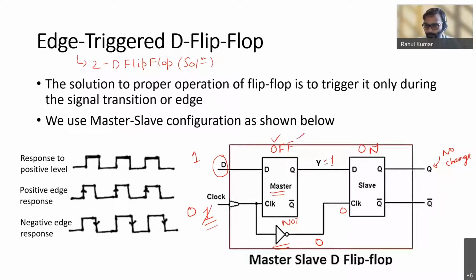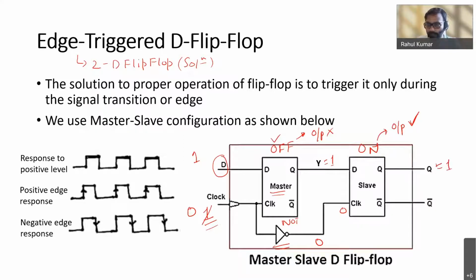So the output of your master flip-flop cannot change, but now the output of your slave flip-flop can change. So what will happen is, when your clock pulse becomes low or 0, your output Q will change according to the input Y.